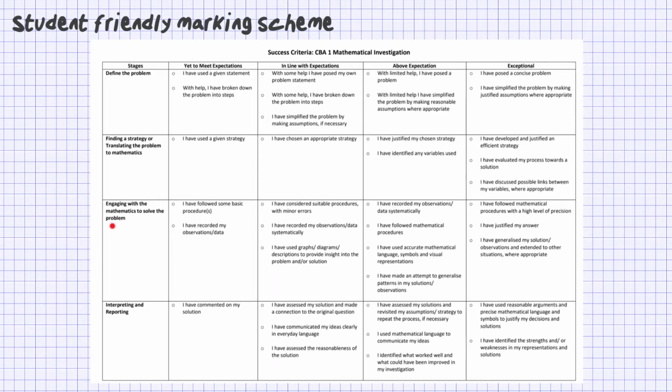Engaging with mathematics. So basically speaking, if you're going to use very simple maths, you'd fall into the lower category. If you use more complicated maths, you'd fall into the higher category. But it's not about the level of maths, it's about how you adapt the maths, okay? So you don't have to pick something that has real high-end maths. You just need to pick something that has loads of different maths in it. An example would be a student that I had that did baking.